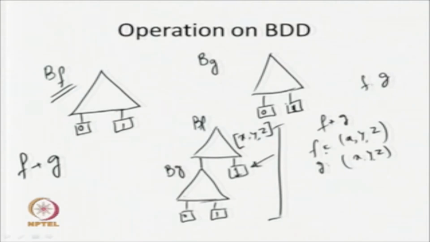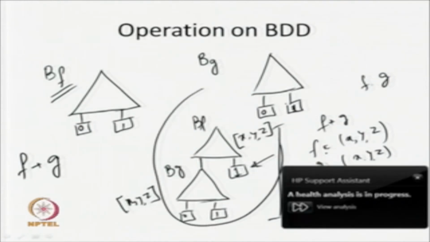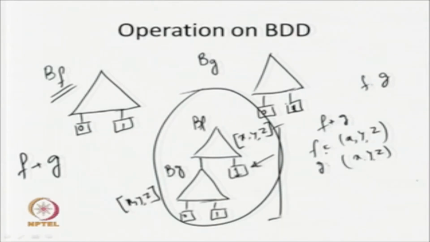Similarly, bg also has the variable ordering x, y, z. But when we construct this particular BDD, what will happen? We are not going to get this ordering of the variables x, y, z, because somewhere here x is appearing and somewhere here also x is appearing. So, in one particular path x is appearing twice, which is a violation of the ordered binary decision diagram.